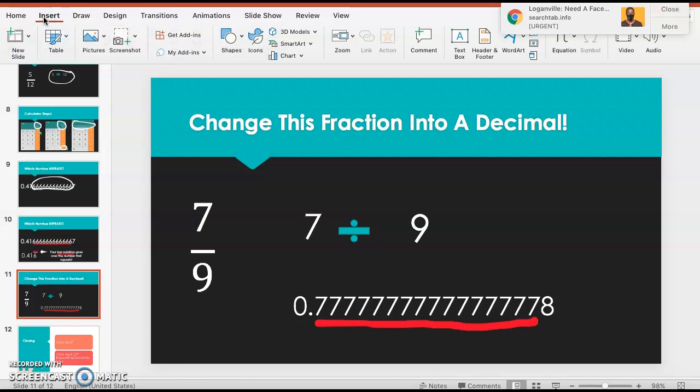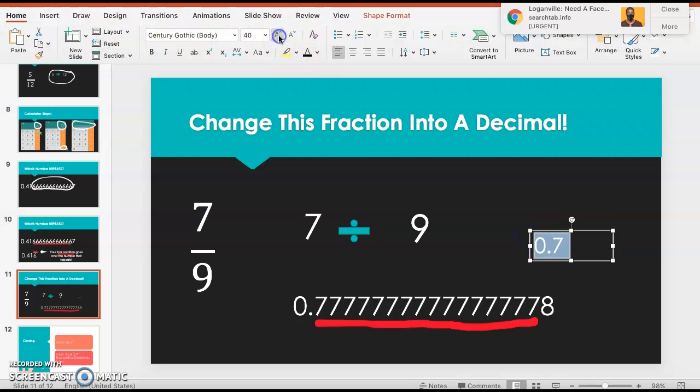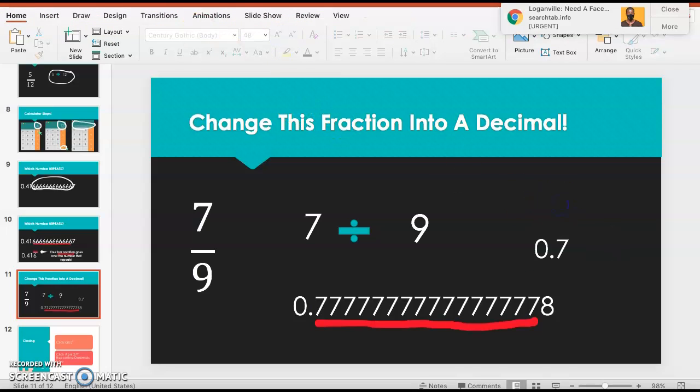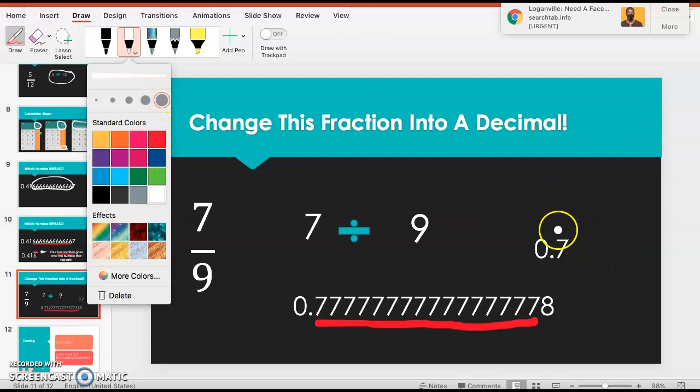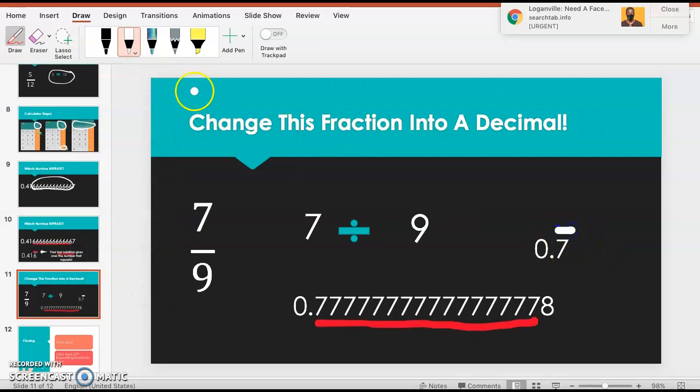So how are we going to write that? We're going to write it like this: 0.7, and then we're simply going to add our line, our bar notation over it. 0.7 with a bar, that'd be your answer.